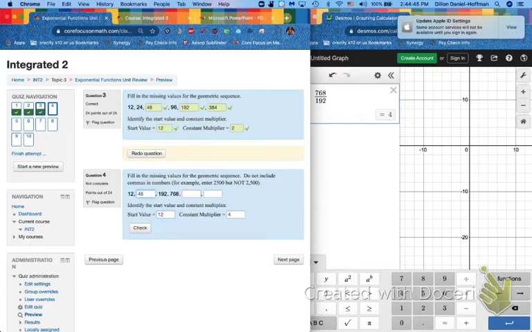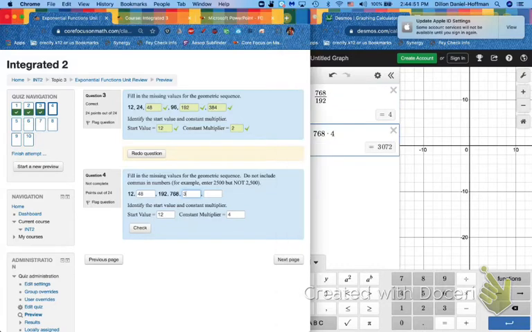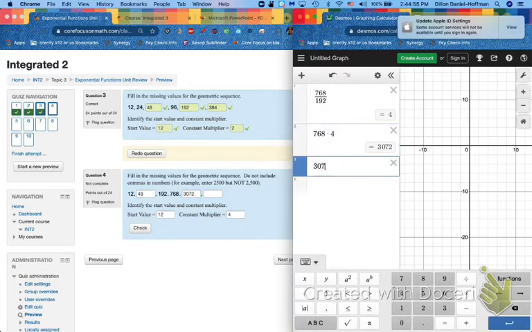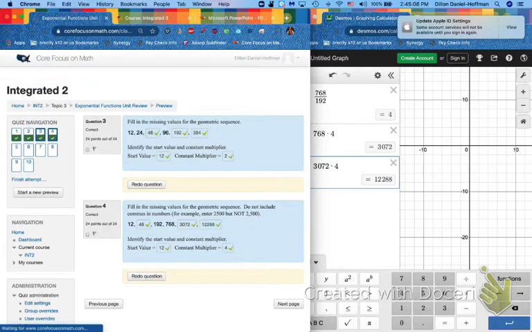Let's see what 768 times 4 is. 3072. And 3072 times 4 is 12,288. And there we go.